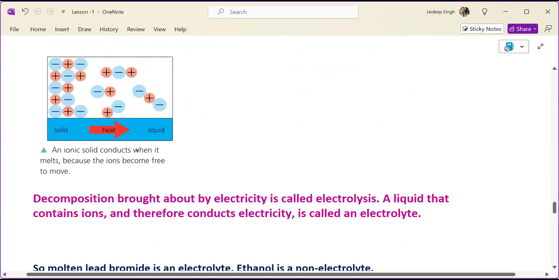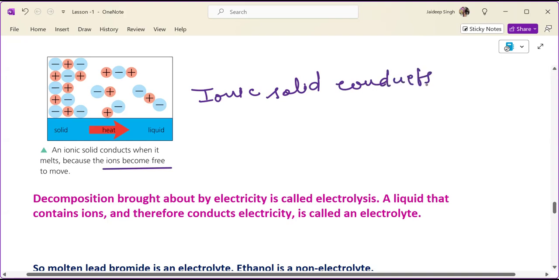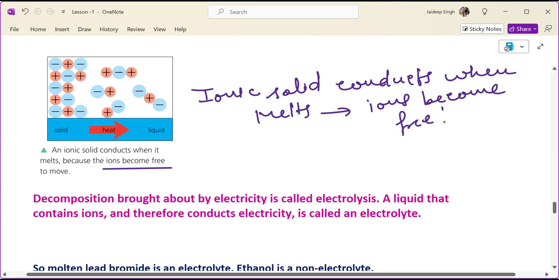Look here, an ionic solid conducts when it melts because the ions become free to move.